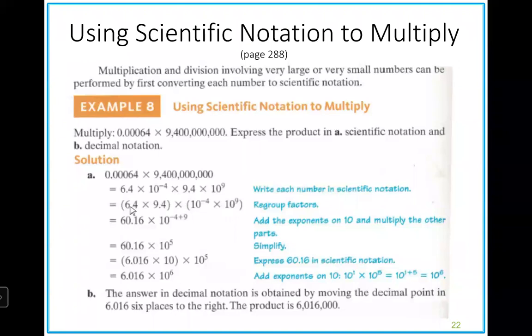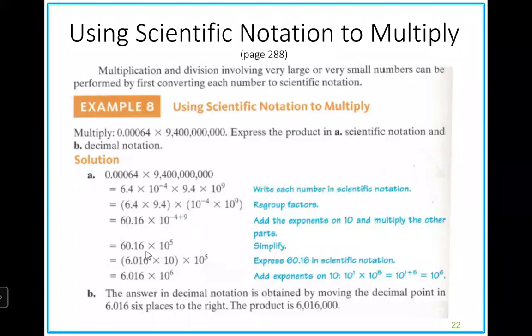When you multiply 6.4 times 9.4, you get 60.16, and then 10 to negative 4 plus 9, and we're adding because we're multiplying. That gives us 60.16 times 10 to the 5th. Negative 4 plus 9 is 5.